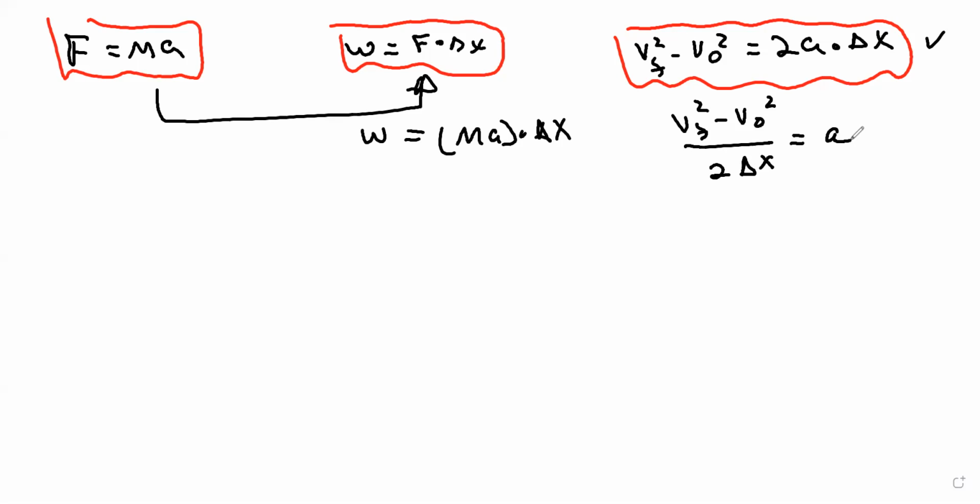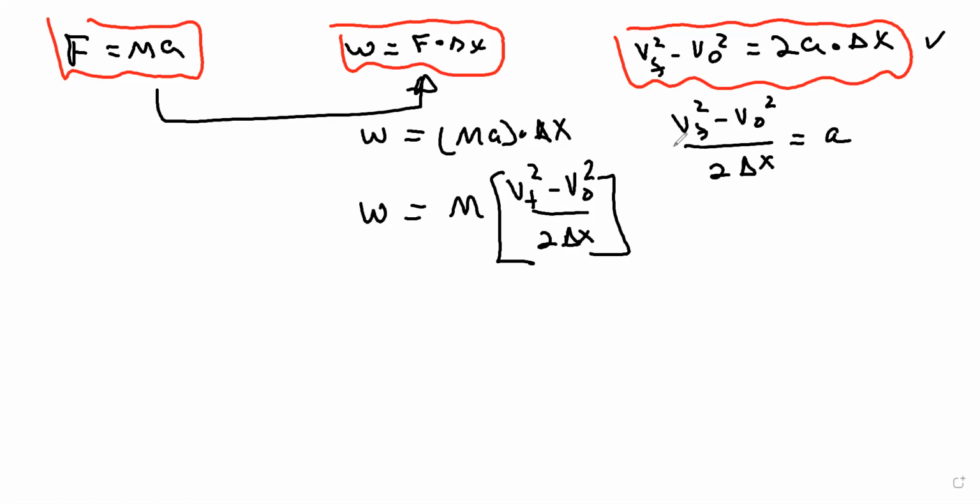Then we can go ahead and plug this here. So the work is going to be equal to the mass. And then instead of the a, we have final velocity squared minus initial velocity squared over 2 delta x, which is this one right here. This one goes in here instead of the acceleration. And then we have the delta x. And then what happens here is that delta x can be canceled with delta x.